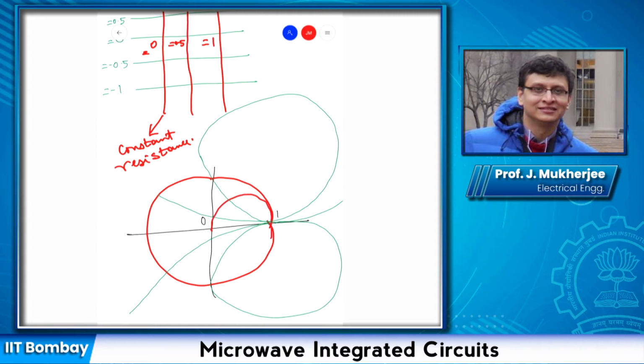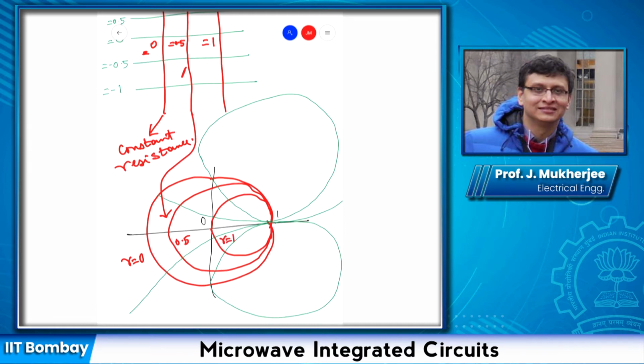So the previous one was the Z plane. This is the gamma plane. Okay, and from an R equal to 0.5 straight line, this one has transformed to this. It's an R equal to 0.5 circle. Similarly, this is the R equal to 0 circle. This is the R equal to 1 circle.